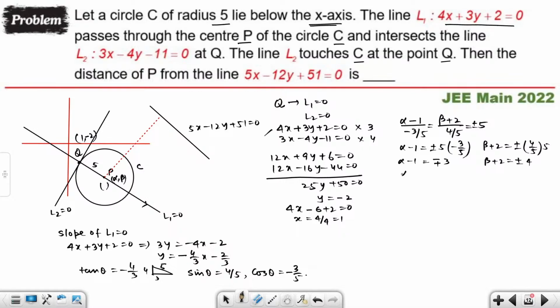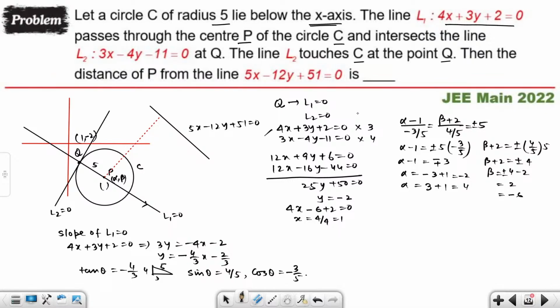So we are having alpha as minus 3 plus 1 or alpha as plus 3 plus 1, right? So that is minus 2 and this is 4. And what about your beta? Beta is coming to plus minus 4 minus 2. So we are having either 2 or minus 6.